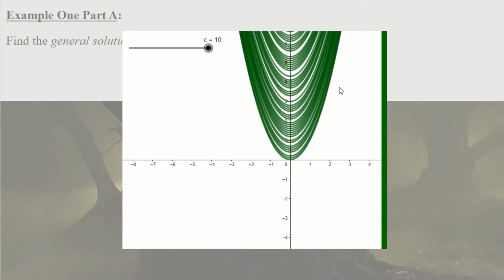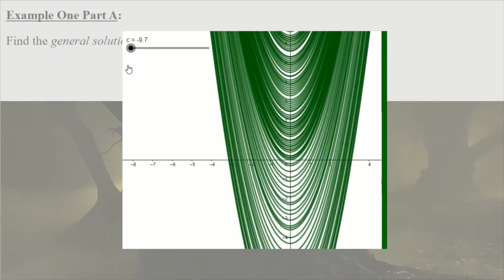whole host of possible solutions, because as you vary the c, this will translate the curve y equals x squared vertically by the vector 0, c, whatever the value of c is. And if I drag it back down, I can create more solutions. So you may intuitively see that there is an infinite possibility of solutions here.